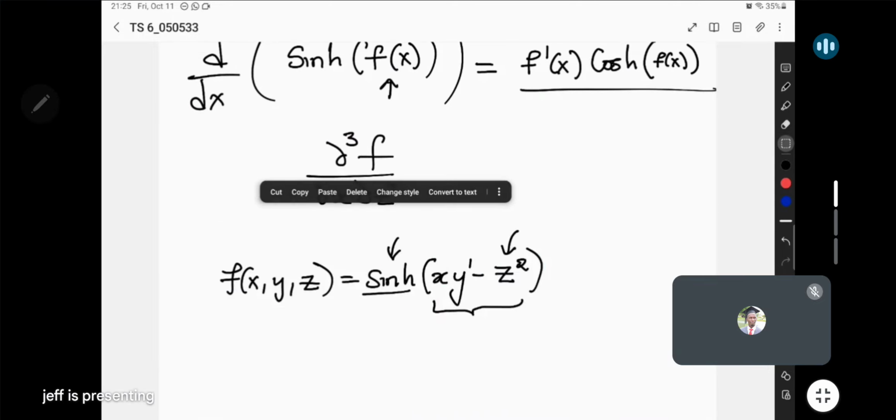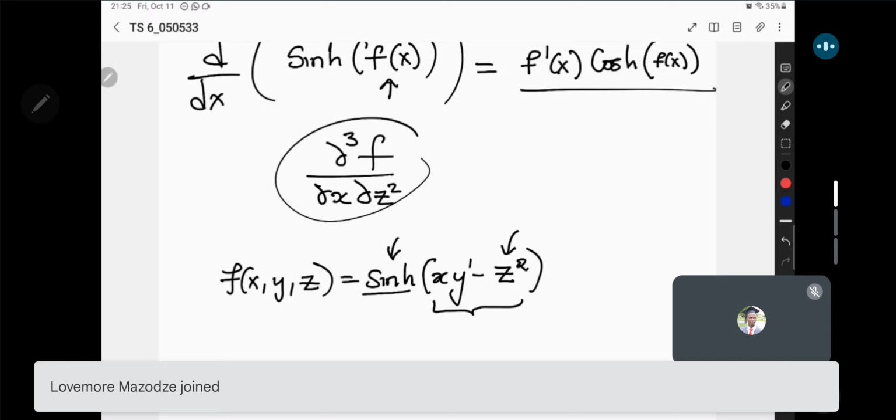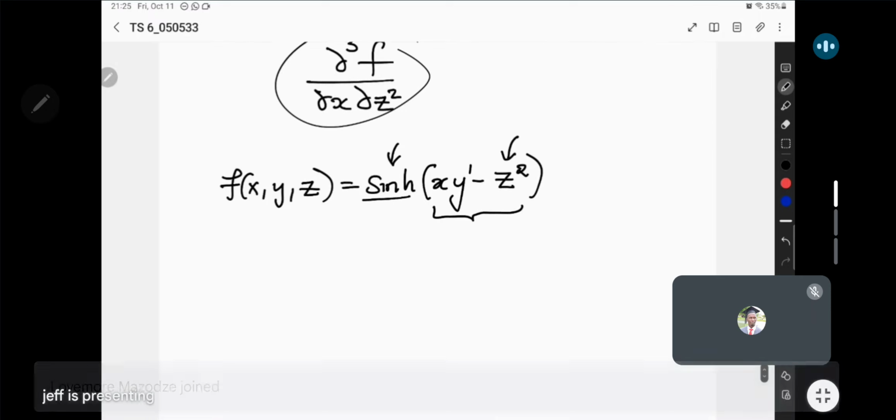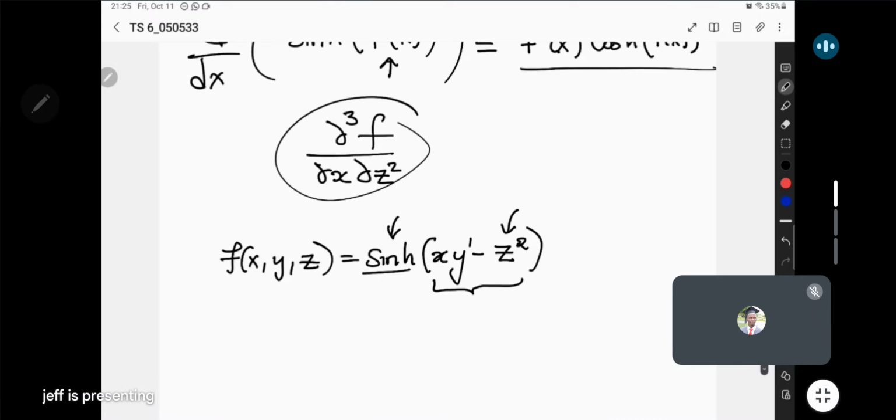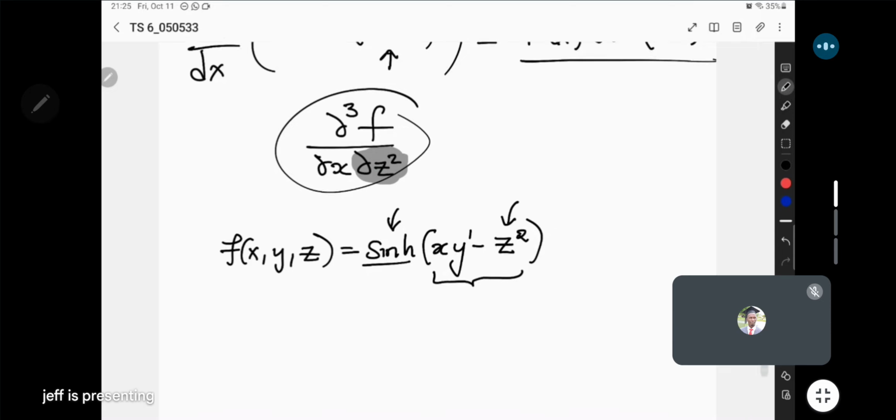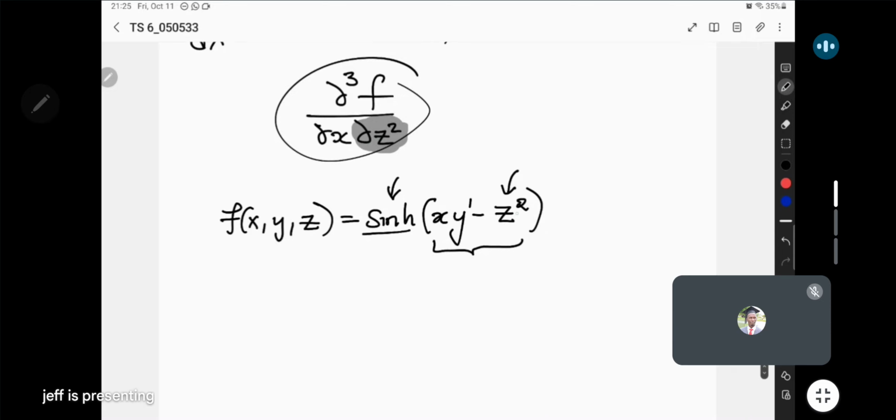Okay, so let's try to expand this operation. When I looked at this part here, the z being squared there, my first interpretation was, maybe I'm supposed to take the variable not as z, but z squared as my variable. That was my first interpretation.